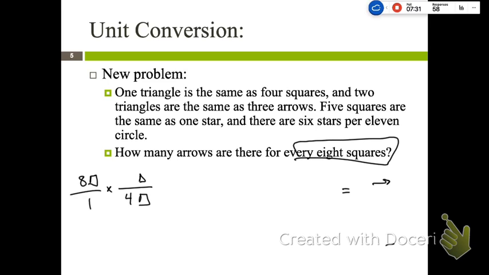We're trying to convert from squares to something else. In this case, we can convert to triangles. Okay, great. And then what did you do next? Then I multiplied 3 arrows over 2 triangles. Okay, in order to do what? What are we converting from and to? Converting triangles to arrows. Fantastic.